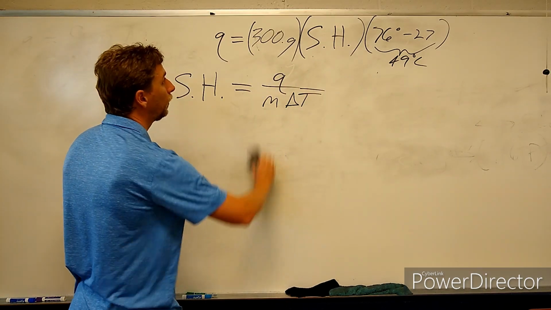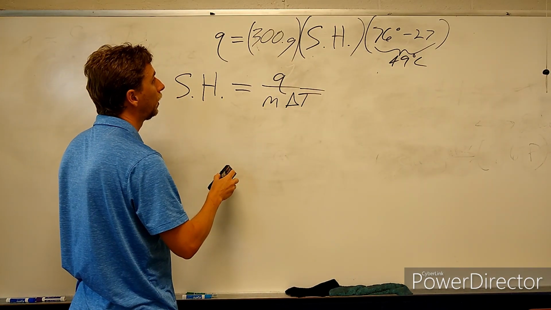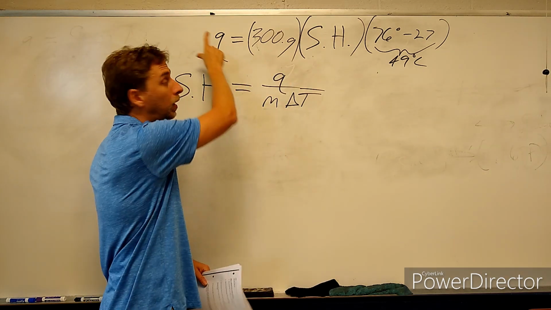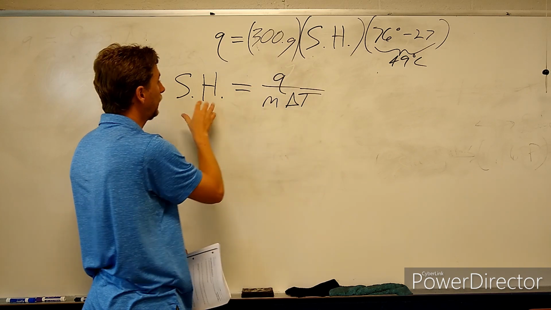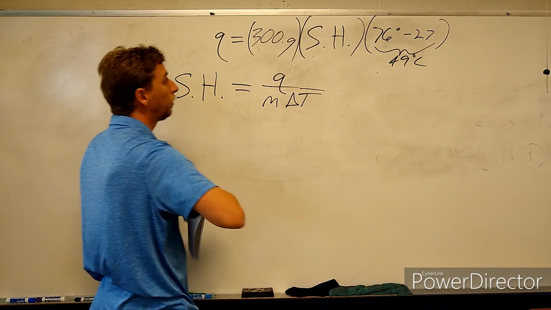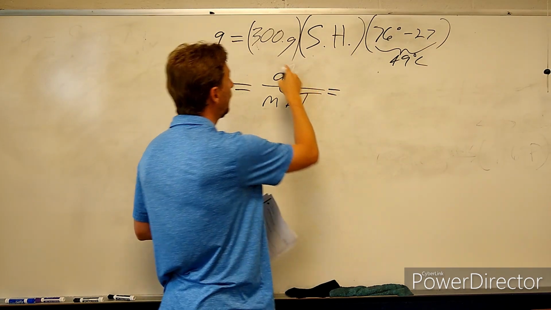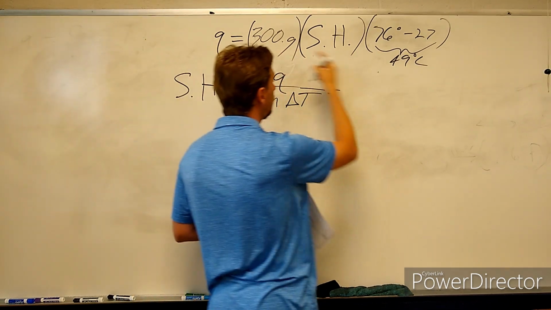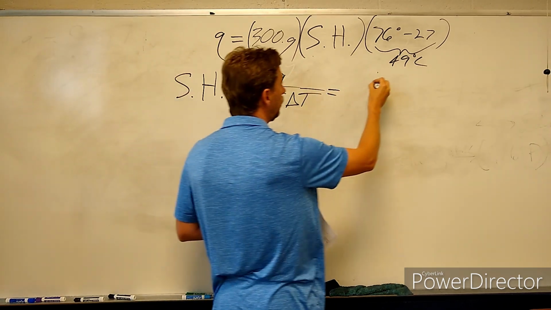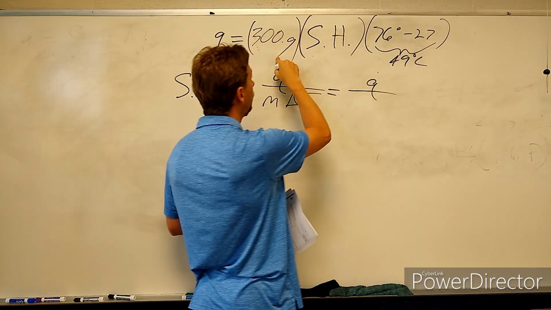You can see that with these unknowns, this top equation, you rearrange it and you get this equation right here. So you plug in right now everything that we got from the top equation. We don't know what Q is, so we just put Q, but we do know what the mass is.